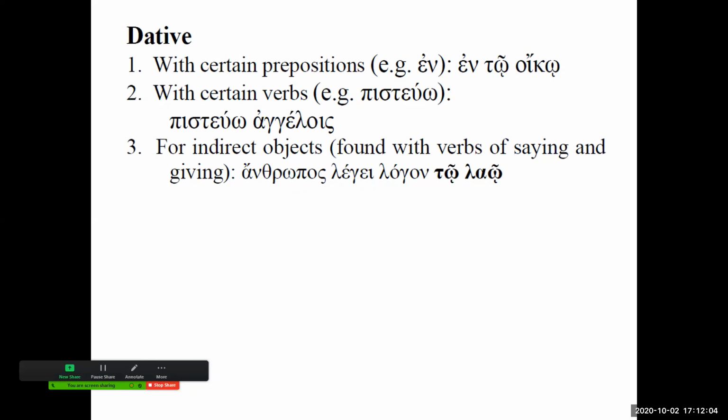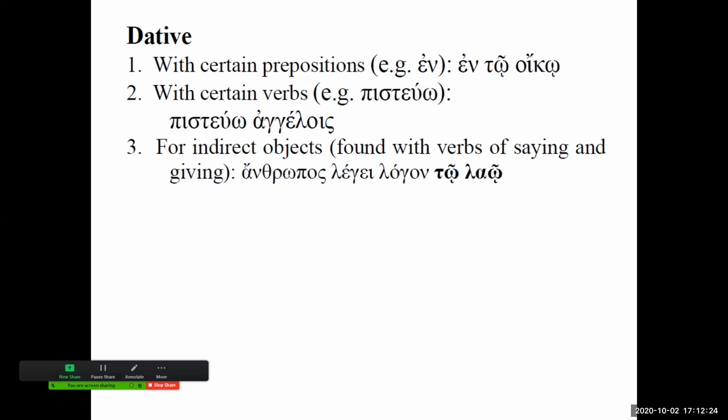Angels is the object. Why in the dative case? Because pisteuō takes the dative case for its objects. I believe, pisteuō. You believe, pisteueis. He, she, it believes, pisteuei.